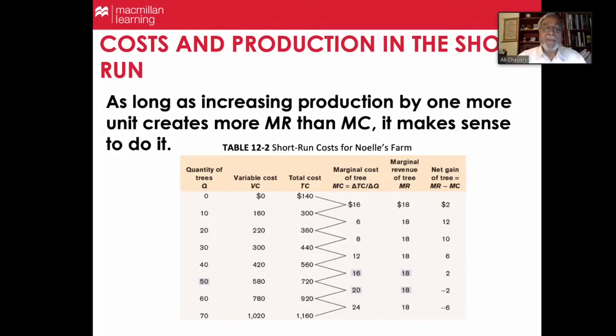So you tell me, when you're not selling any tree, what is that cost? What do we call it? Total cost. Fixed cost. You're absolutely right. So in the first row, the number in the total cost column represents the fixed cost.